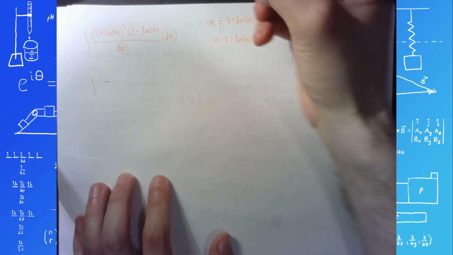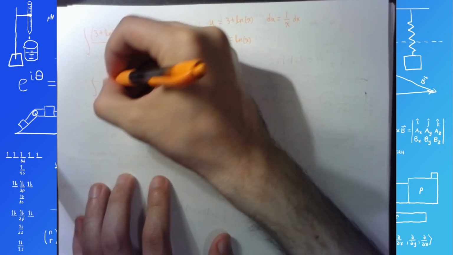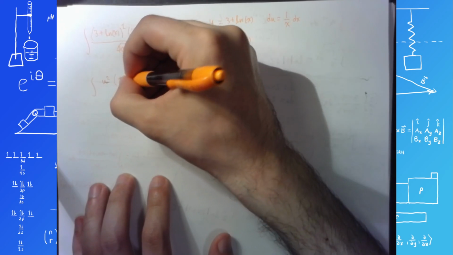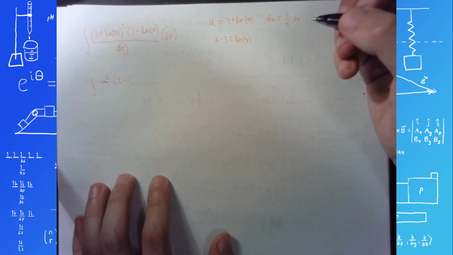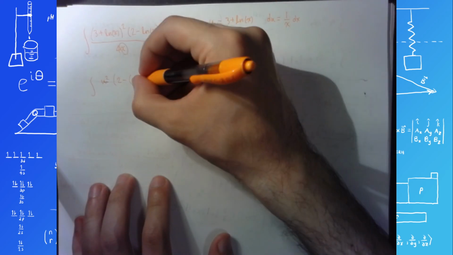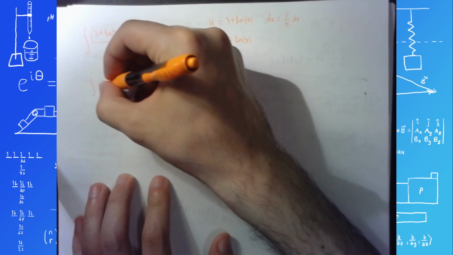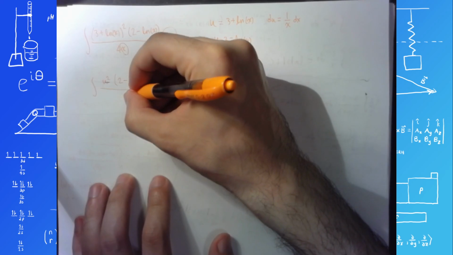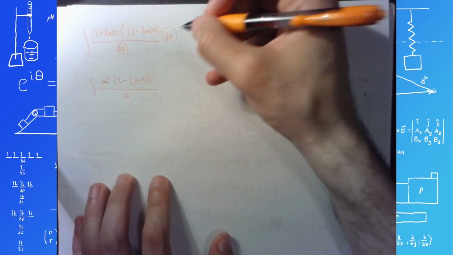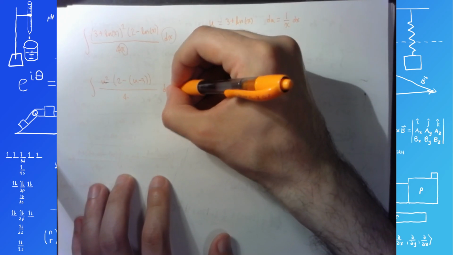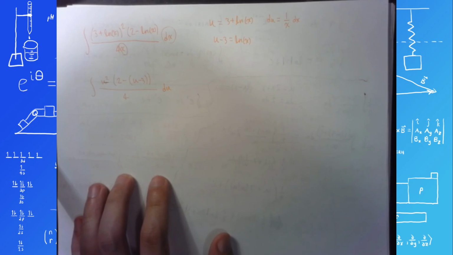So integral of, that's going to be a u squared, and then 2 minus natural log of x. That's 2 minus (u minus 3). And we still have that 4 in the denominator. And yeah, the x in the bottom and the dx got taken out and replaced by a du.